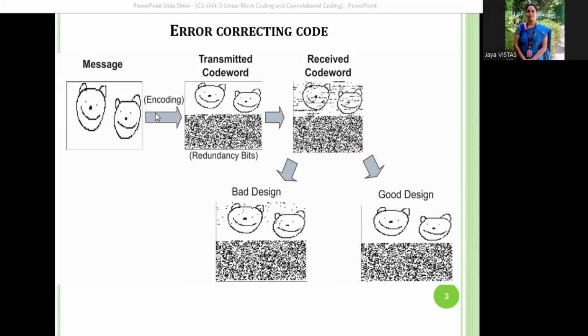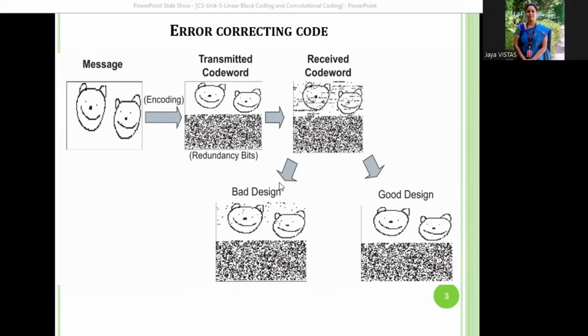Encoding means here the transmitted code word: the input message is mixed with one code word. That is also called the redundancy bits or parity bits. Then the received code word contains the message plus the code word.